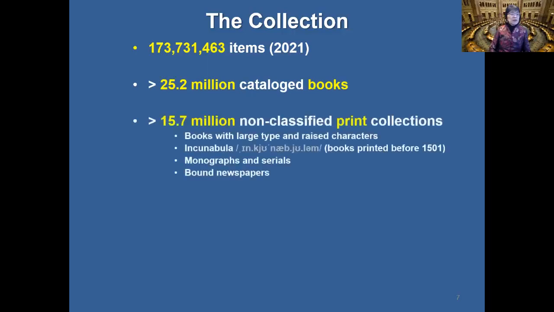They also have what they call non-classified print collections, 15.7 million of these. These are books with large print or raised characters, or incunabula, which are books printed before 1501. They also have monographs and series and bound newspapers.